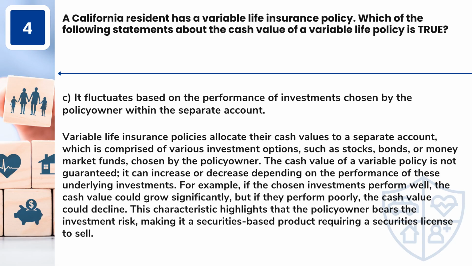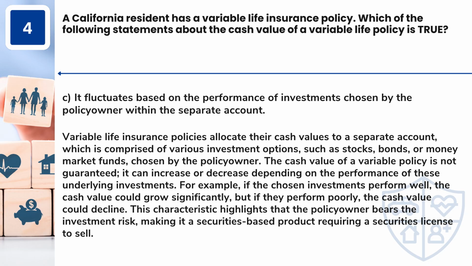Answer: C. It fluctuates based on the performance of investments chosen by the policy owner within the separate account. Variable life insurance policies allocate their cash values to a separate account, which is comprised of various investment options, such as stocks, bonds, or money market funds, chosen by the policy owner. The cash value of a variable policy is not guaranteed.